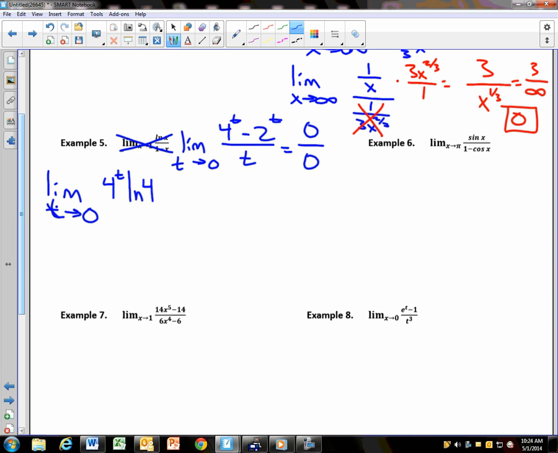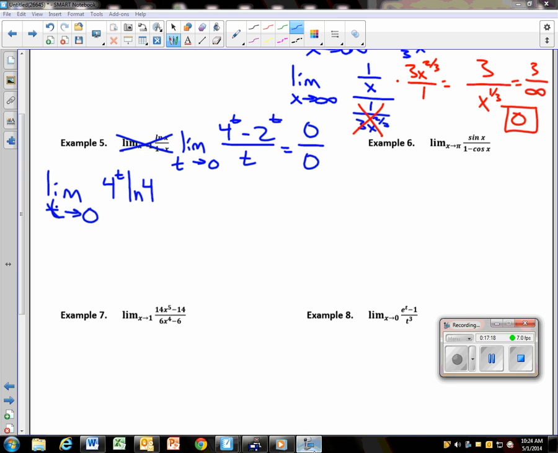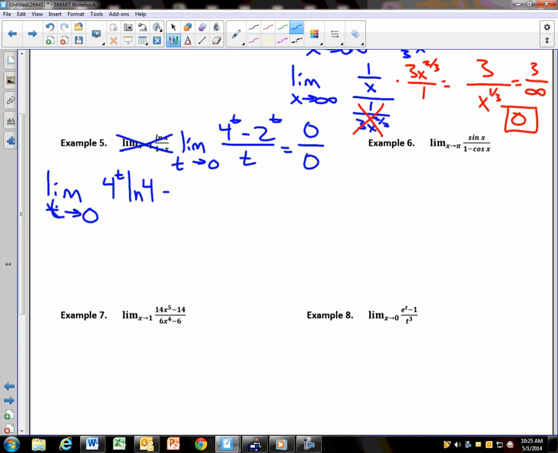And so minus 2 to the t times the natural log of 2, divided by, what's the derivative of the bottom? 1. Let's now plug in 0. What is 4 to the 0? 1, and 2 to the 0. So we end up with the natural log of 4 minus the natural log of 2, all over 1.